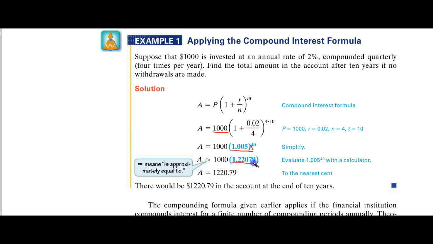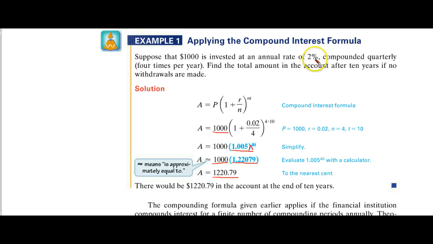That then gives you this, which you will multiply by 1,000. So after 10 years, when you multiply this, you have this new amount. You have made $220.79 in interest based on this deposit.